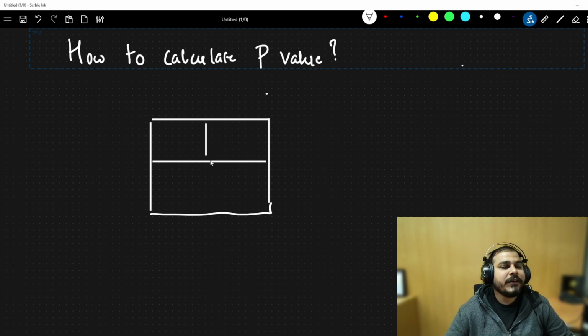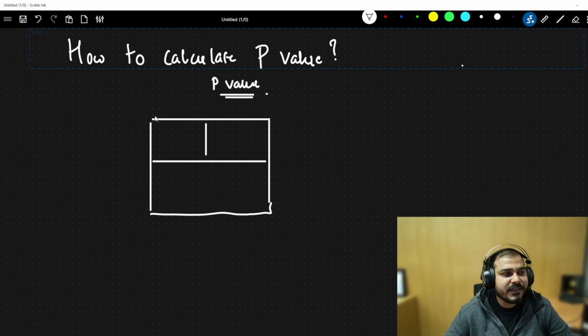Now here, suppose this is my mouse. I'll take an example to define what exactly p-value is, if you really want to understand it. Let's consider this is the mouse pad on my laptop, and in this region I'll be touching to move the cursor. Most of the time I'll be touching in the center region, so I can draw a normal distribution curve like this.